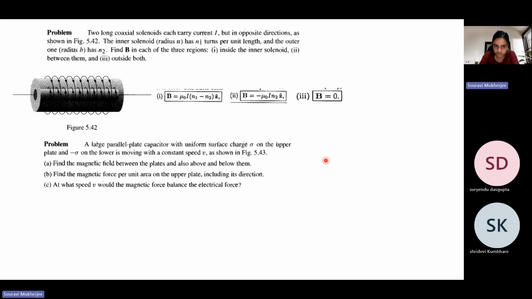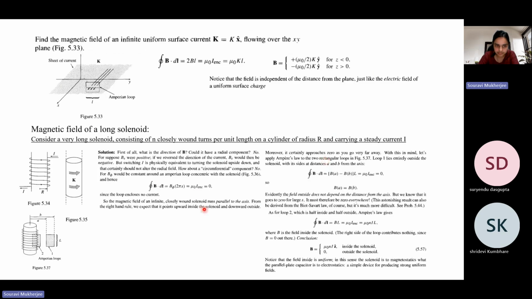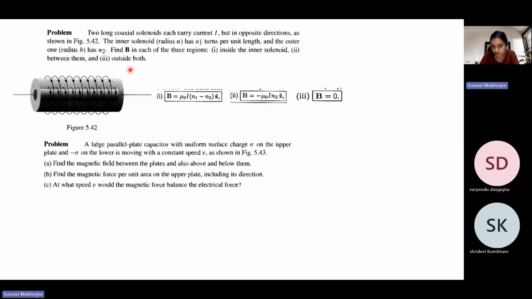So it's similar to what we initially discussed, but now you have two such things, one plus, one minus, right?